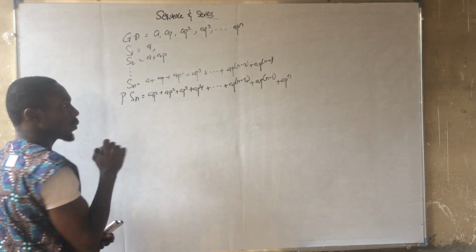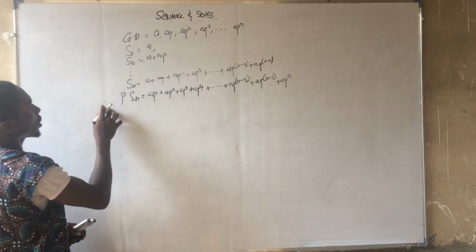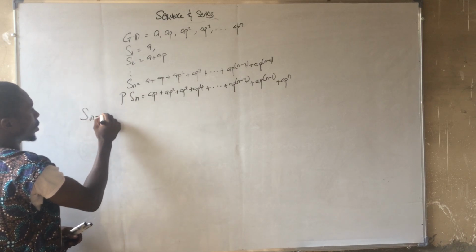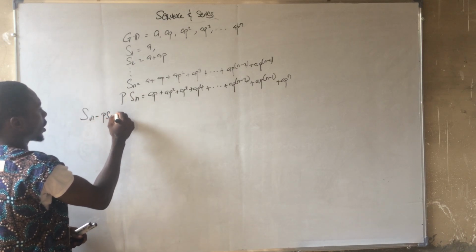So what we'll now do is check, what if we subtract this from this? Say Sn minus P Sn.